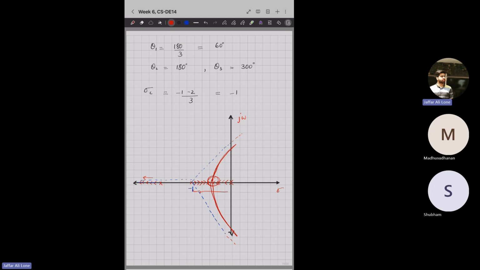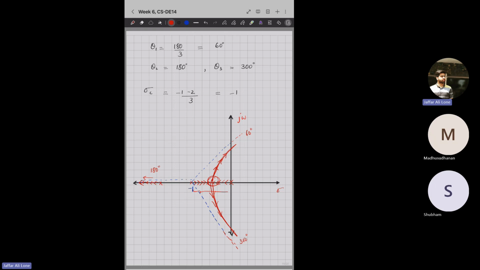So this is called a breakaway point. But how do we find these break-in or breakaway points? We will see. Now you see one branch is going to infinity via this asymptote, this 300 degree. Another branch is going by 60 degree, and another branch which is from here, it's going by 180 degree to infinity. So this is our root locus.